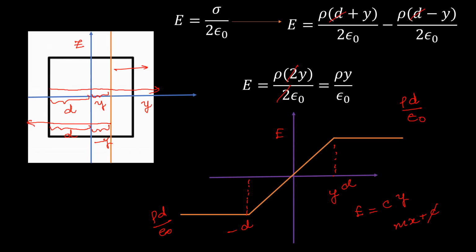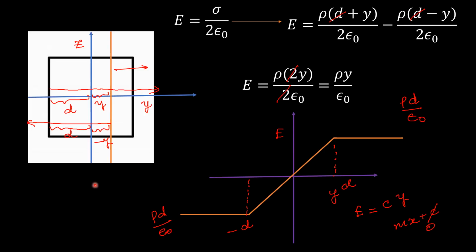C is 0, so it will go through the origin. So this is mx, where m is the slope, rho over epsilon naught. So it will linearly increase proportional to y. So naturally this graph between minus d to plus d is a straight line, and after d this will not change. This is equal to rho d divided by epsilon naught on both sides, here also and here also.